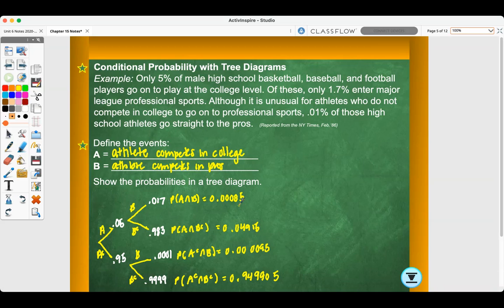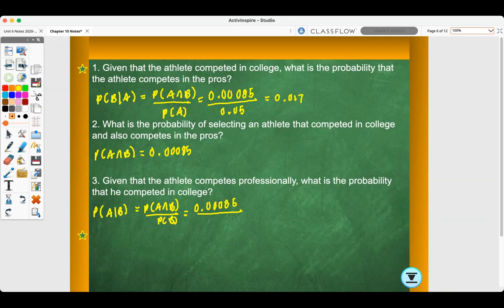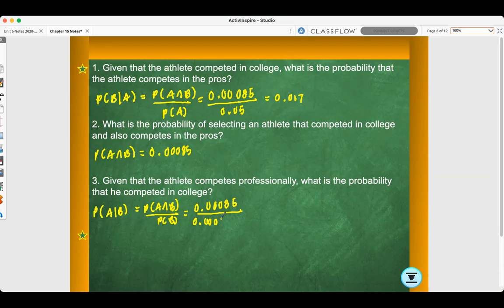And then right here, they also competed in pros, so it would be 0.000095. We would add those together, and that would become our denominator. So it would be 0.00085 plus 0.000095, because you have two places where they competed in the pros. And this is about 0.899.